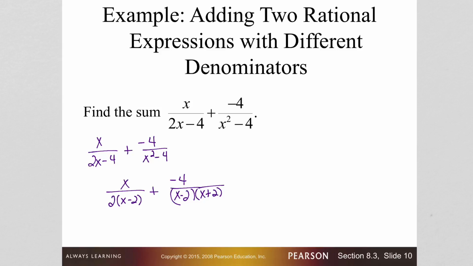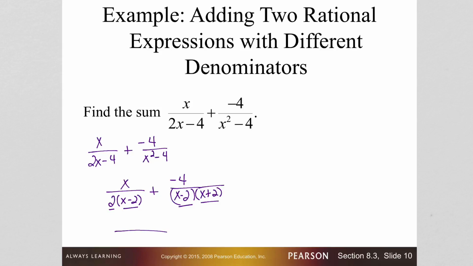Alright, so now you need to ask yourself, what is our common denominator? The fraction on the left has a 2 and an x minus 2. The fraction on the right has an x minus 2 and an x plus 2. So ask yourself, what are the factors that they all need to have in order for them to be the same?